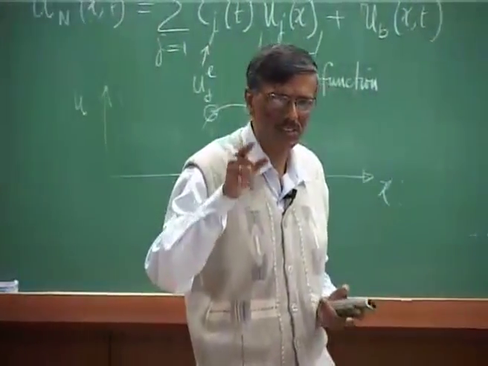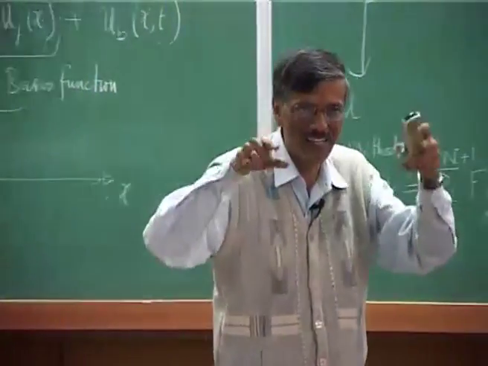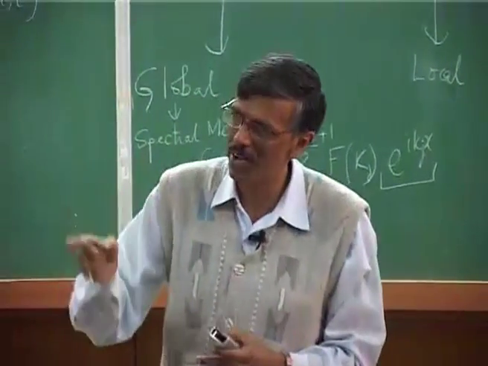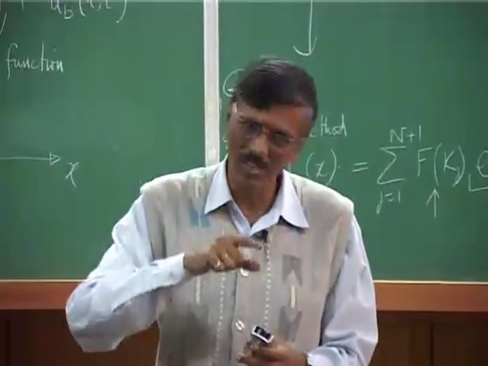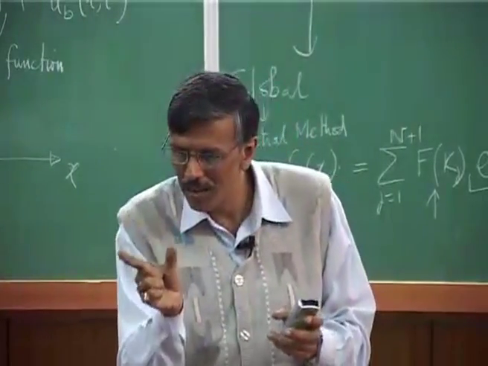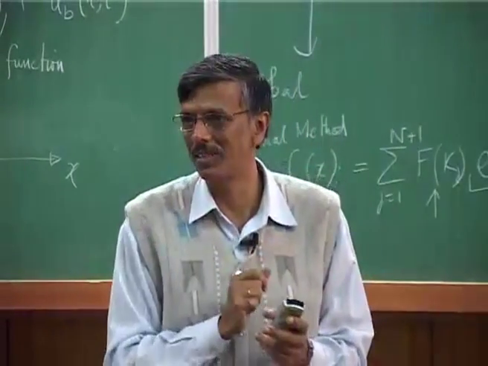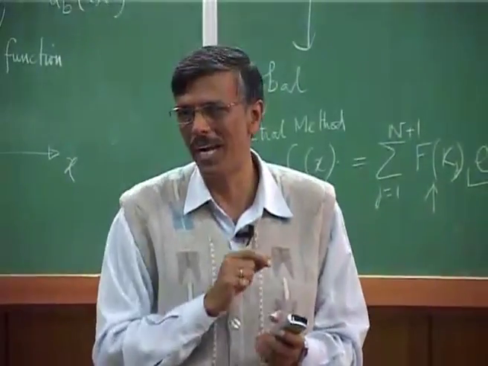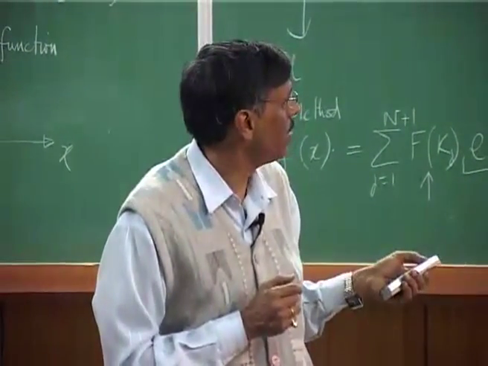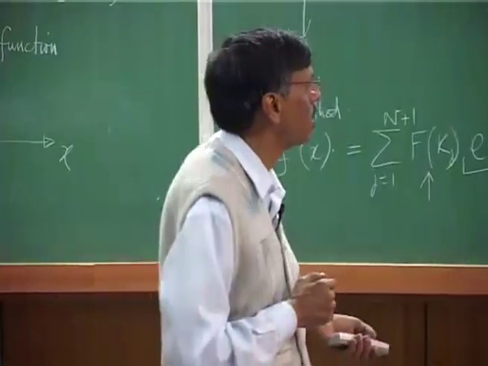We satisfy the differential equation so-called exactly at some distinct nodes. Whereas, in the finite volume or finite element method, we try to satisfy the differential equation in an integral sense over a finite volume or a finite element. So, whenever you do that, that is called a weak form of the solution. Okay, that is what we are talking about.